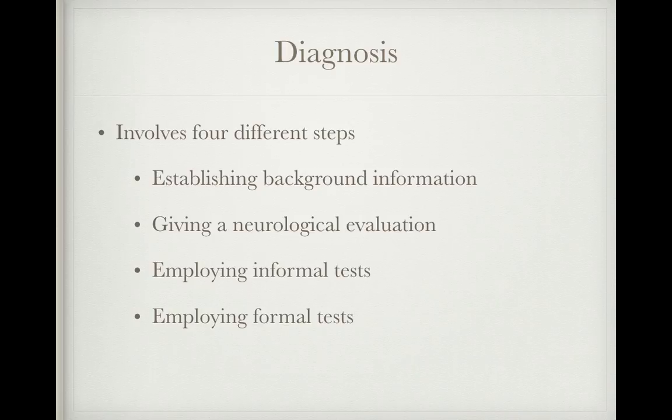Now, once we get into the tests, these look at cognition and communication. These steps of diagnosis are important because they will A, help reach a diagnosis, but B, it will be involved in prognosis, and even further along, it'll be involved in setting treatment goals and deciding what treatment is appropriate for the client.